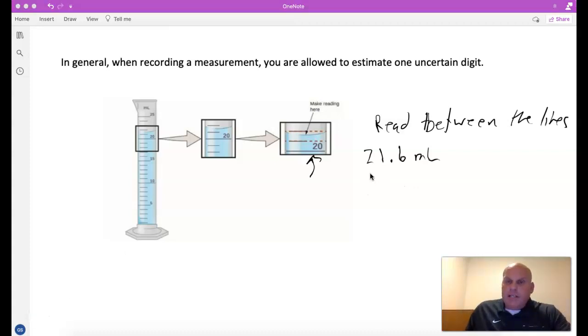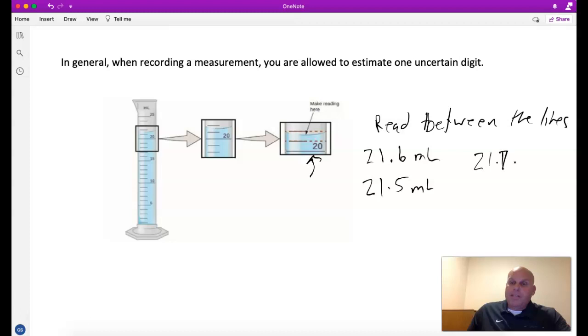The question is, if somebody had recorded this measurement as 21.5 milliliters, would they have been correct? The answer is yes. 21.7 milliliters, also correct.